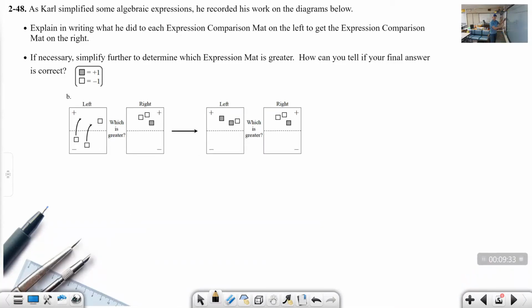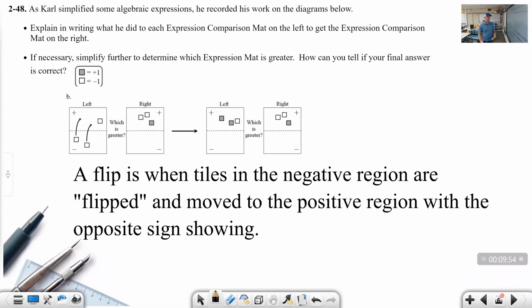Let's look. Remember the double negative? What did we do? We took those 2 negatives and we moved them to the top and they became positive. We took stuff out of the negative region and moved it to the top. This legal move is called a flip.